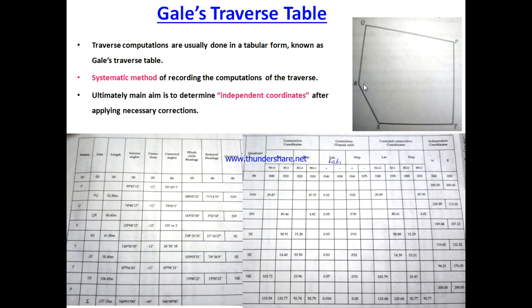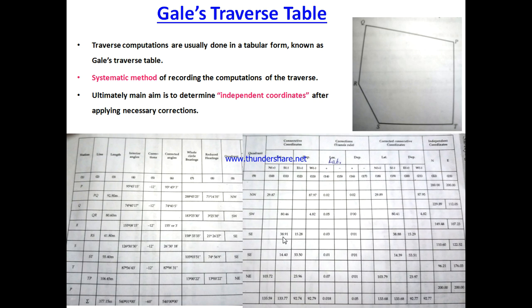Similarly for the line RS, if I plot the meridian, then RS is lying somewhere in the second quadrant, which is southeast. The second quadrant has the sign convention of latitude value negative, because the orthographic projection is towards the south direction, while the departure value is taken as positive because the orthographic projection is towards the east direction.